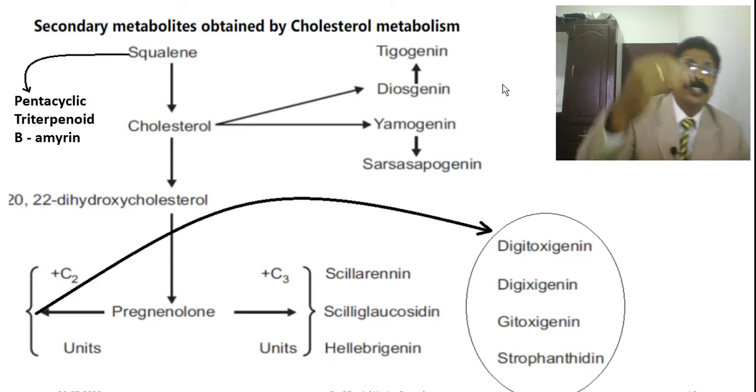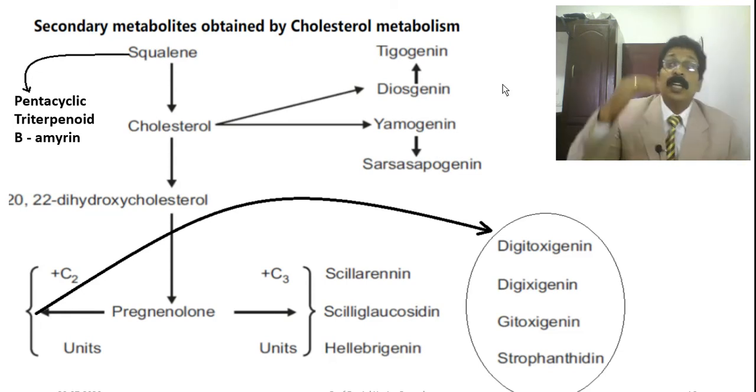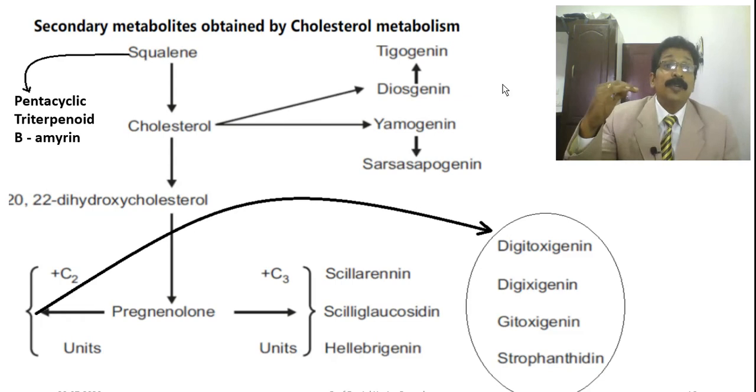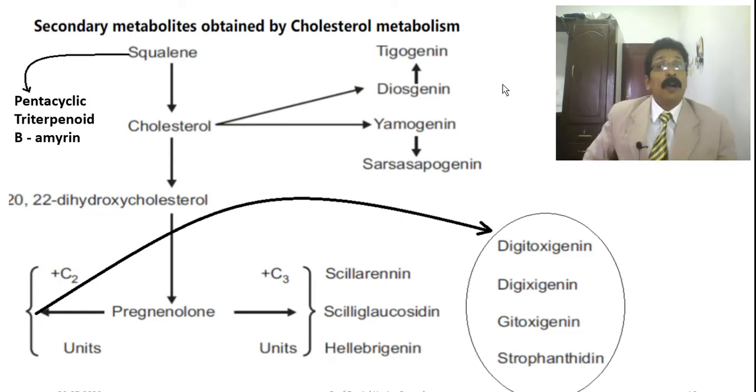Then you see 20,22-dihydroxycholesterol, that means hydroxyls at the 20th and 22nd positions of cholesterol. You have to know the cholesterol structure, please. I have not mentioned it here, but you have to know it, and the numbering is also very important for students to know, because in future it will be helpful in other chemistry subjects, in synthetic chemistry and in medicinal chemistry.